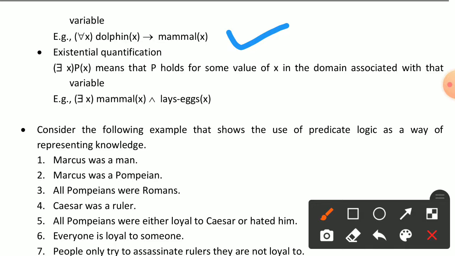Next is existential quantification. In this topic, the symbol is given. The meaning of this symbol is exists.